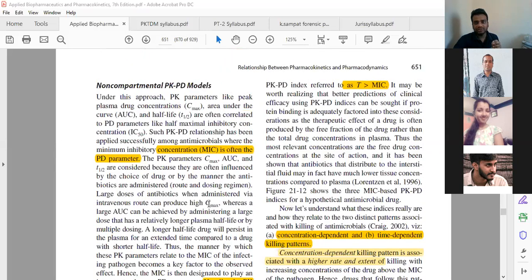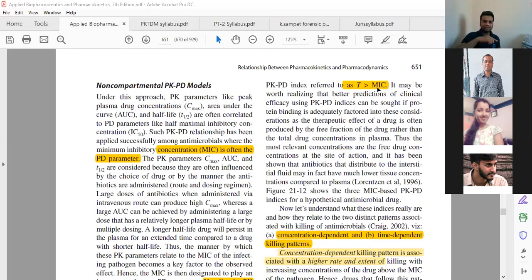And you have something called T. What is T? T is the total duration of time over which the concentration of the drug remained over MIC. We represent that by T greater than MIC.